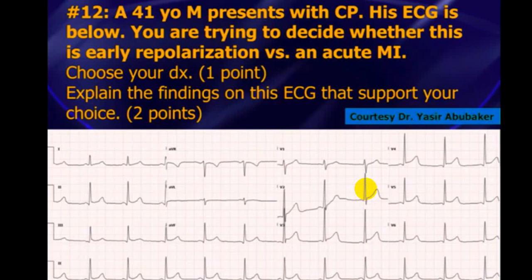But if those are not seen in V2 and V3, always suspect STEMI. Now we'll be going through certain ECG patterns. Now if you look here, it is concave. And if you look properly, there will be a small notch at the J point that we call a J wave.